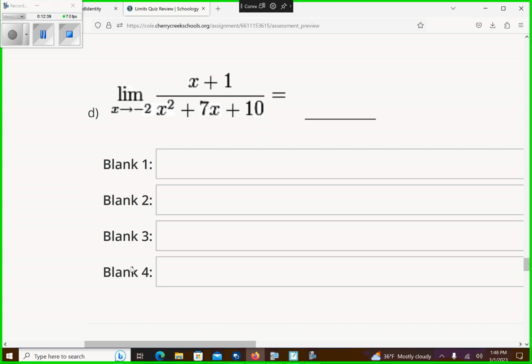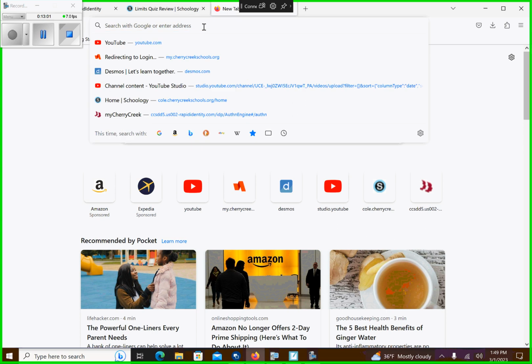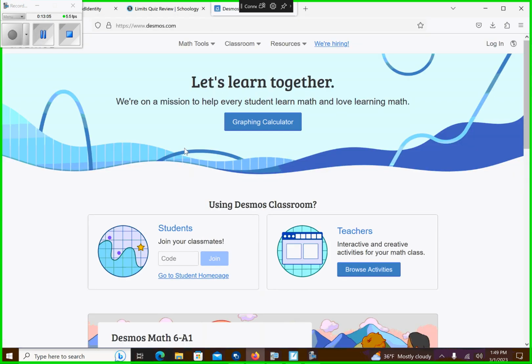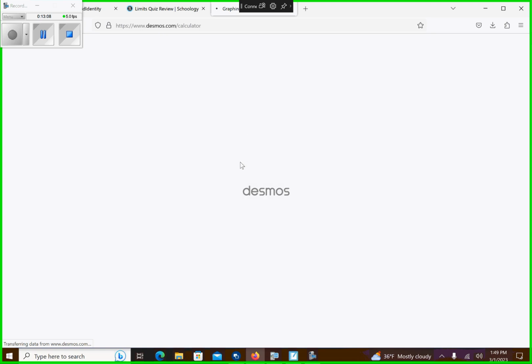What did the graph look like on Desmos at -2? It had a hole. X plus 1 over x squared plus 7x plus 10, on the Desmos graphing calculator.